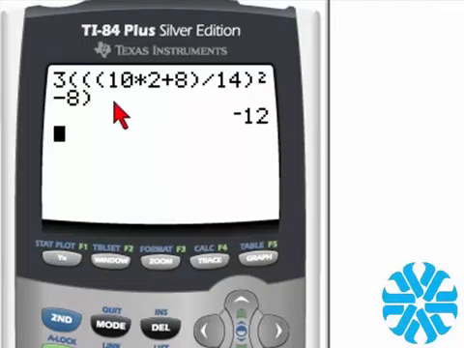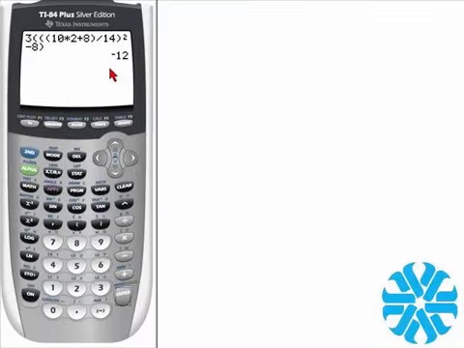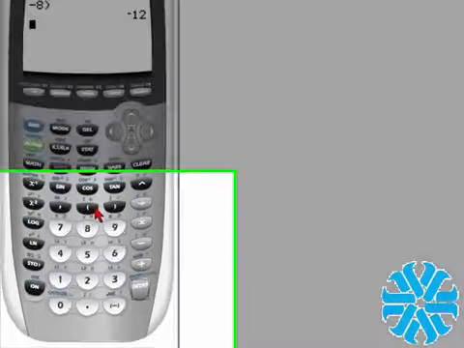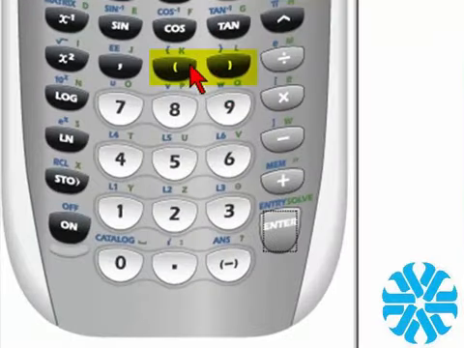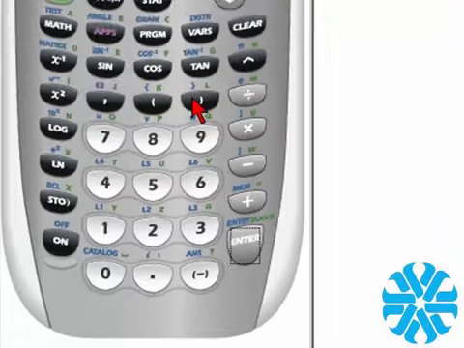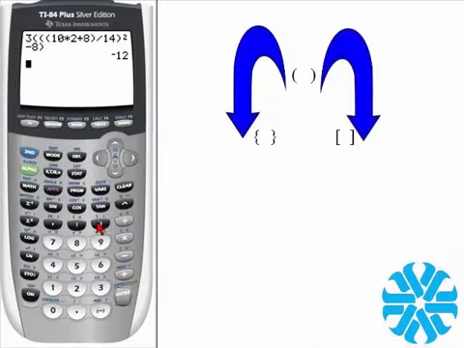Then it took 4 subtract 8, which is -4, and then -4 times 3, which is -12. So these are a few examples that illustrated how to use nested grouping symbols. And remember that the calculator only has these parentheses for your grouping symbols, and they will represent either the brackets or the braces.